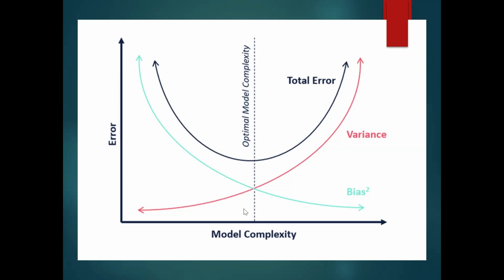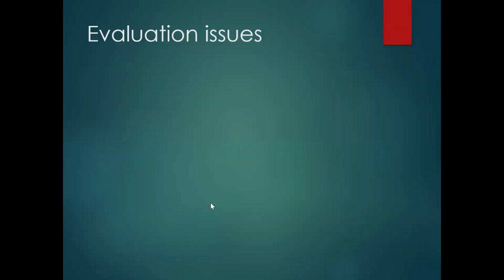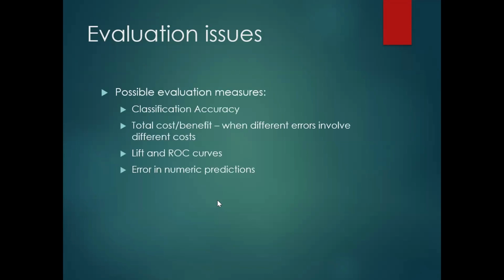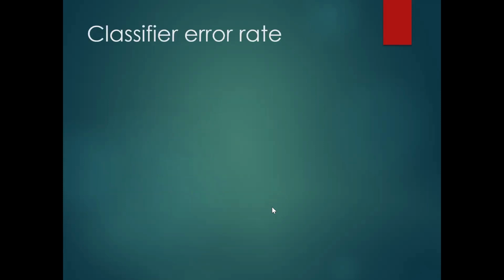At the same time, we need to reduce the variance as well, right? There are many evaluation measures, and then the question is how reliable our predicted results are, because the model is built on data and we are trying to predict on new data. So there are a few things that we can talk about.